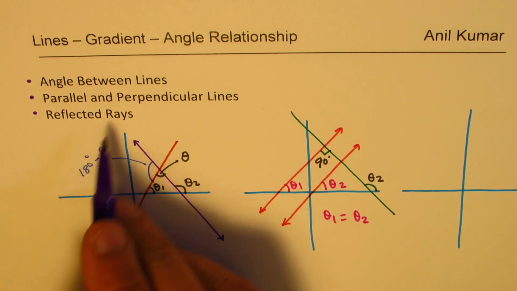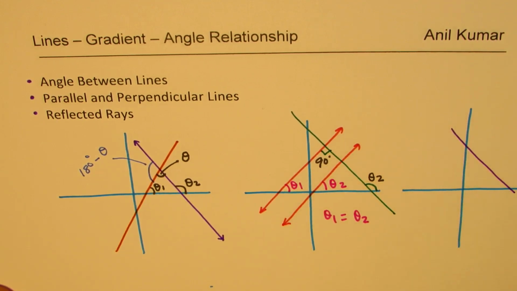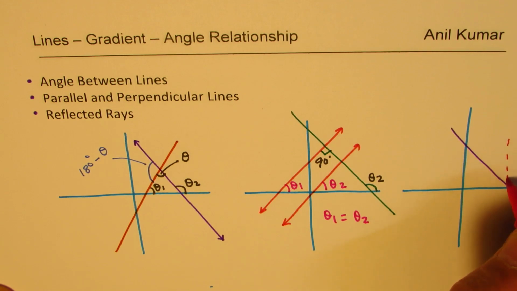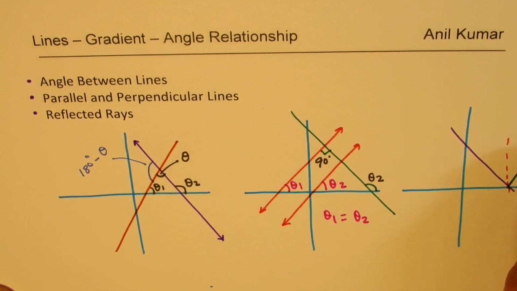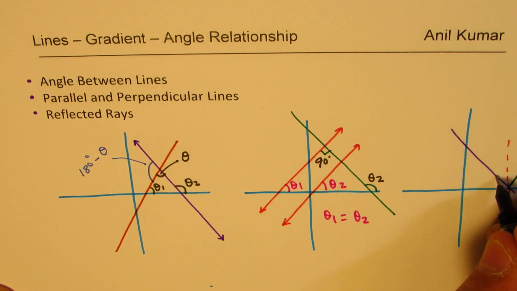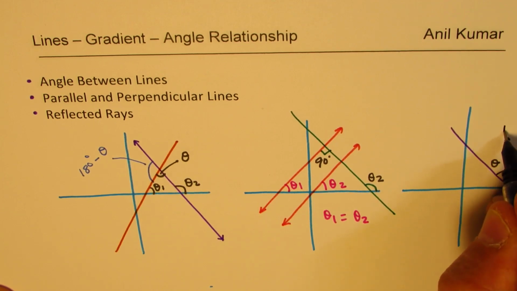Now, reflected rays basically means that if I have a line like this, then it is going to get reflected. We'll say reflection is from the x-axis. And whenever it gets reflected, the angle which is formed here, let's say this is theta, is also the same as the angle of the reflected ray from the normal, right?